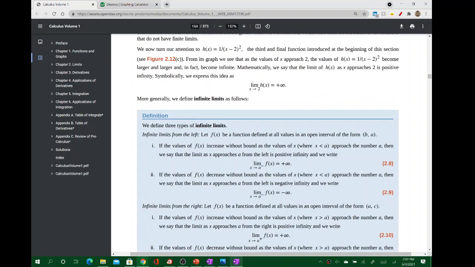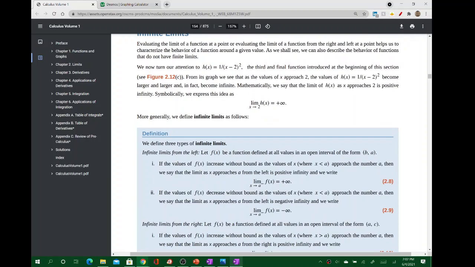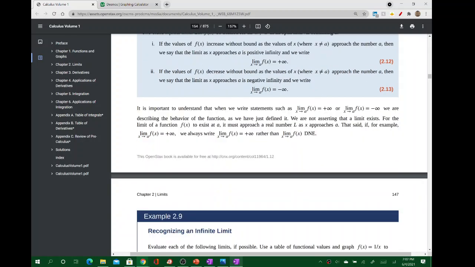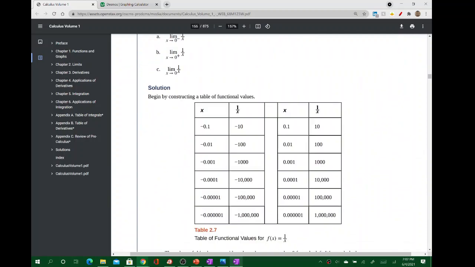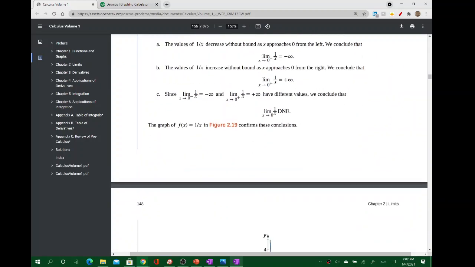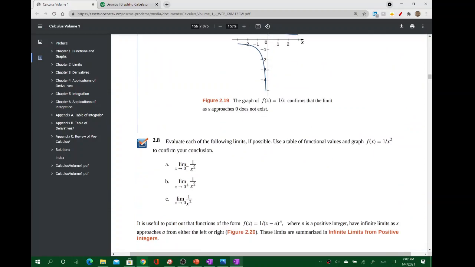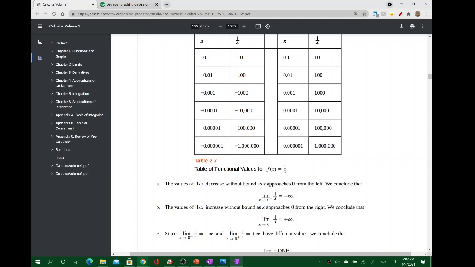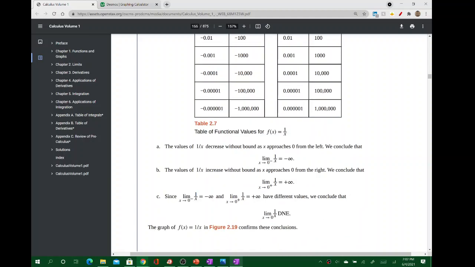Now infinite limits are another thing. So you could do the exact same thing that you learned for the table, doing the table from both sides.